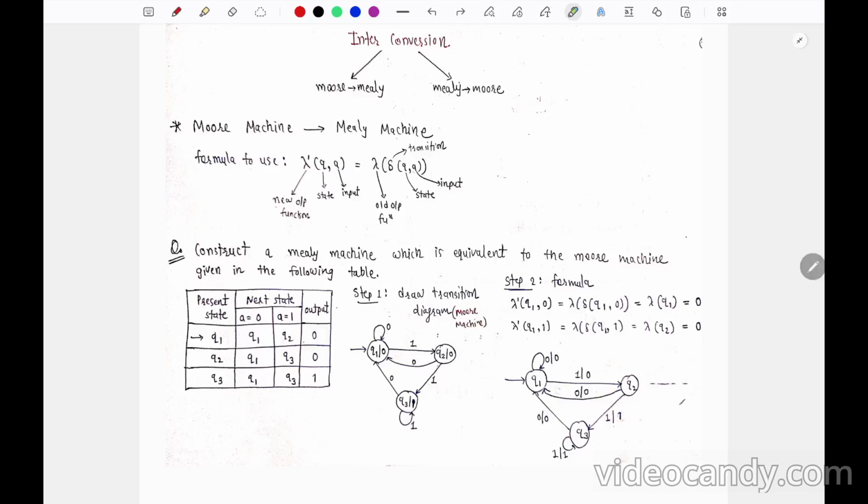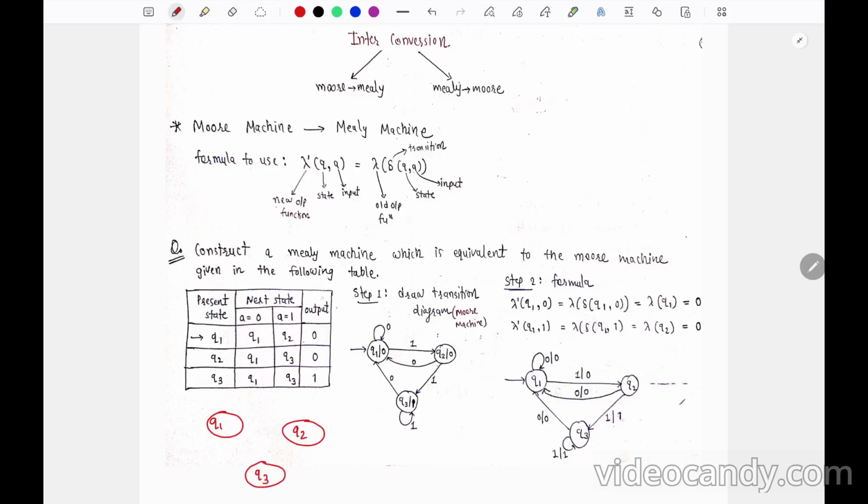First, we will draw the states. Here we have been given 3 states, so we will draw 3 circles. Now we will write each state: Q1, Q2, and Q3.